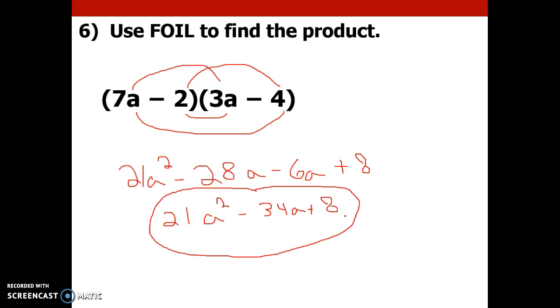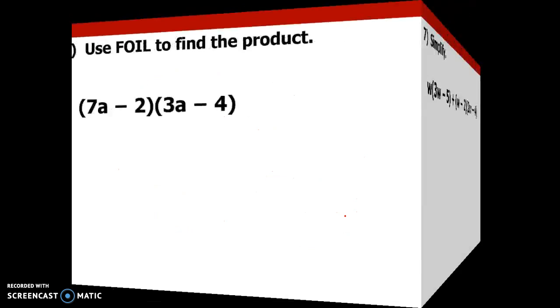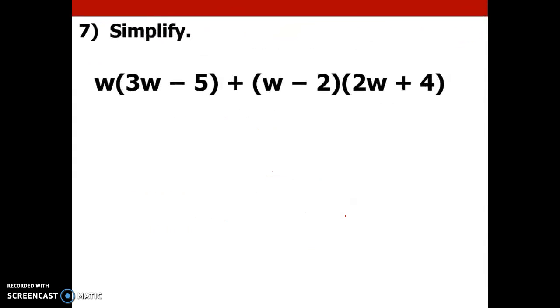Again, FOIL: first, outer, inner, last. I'm going to keep saying it until you dream it in your sleep. First, outer, inner, last. Now, we can use this to help us simplify polynomials. Sometimes they're going to give us a giant, long, gross thing and say, hey, can you fully simplify this? Can you write it in standard form where it doesn't have all these parentheses and doesn't look so gross? We can do that now because not only do we know how to distribute, we also know how to FOIL.